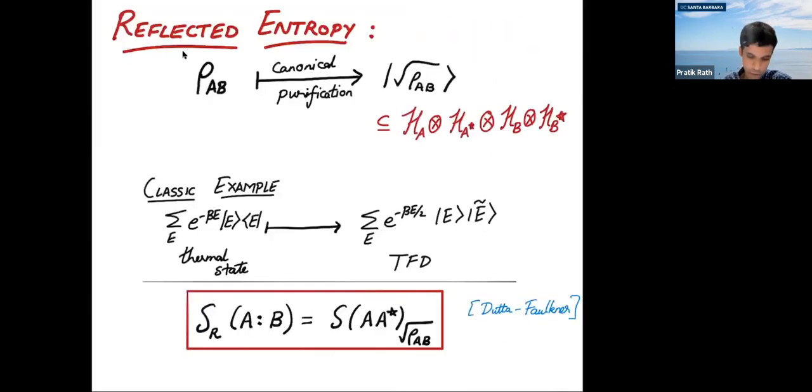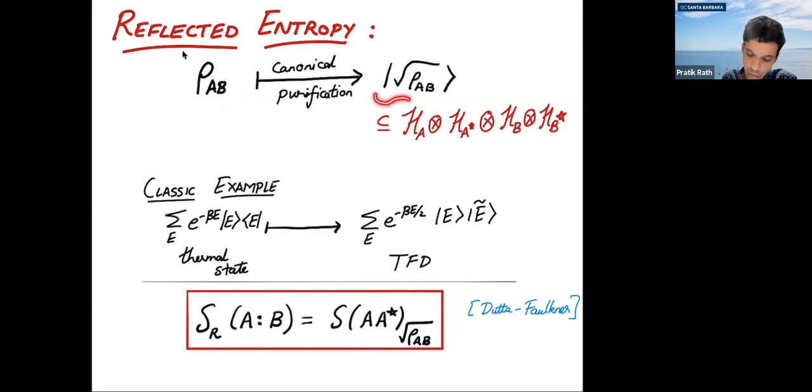The reflected entropy is defined by using something that's called the canonical purification. So the canonical purification is defined as follows. We start with some density matrix defined on a two-party system A and B. This density matrix is an operator acting on the Hilbert space of A tensor B. And we can canonically purify it by considering the square root, which is essentially, we take the square root of this operator and think of it as a state.